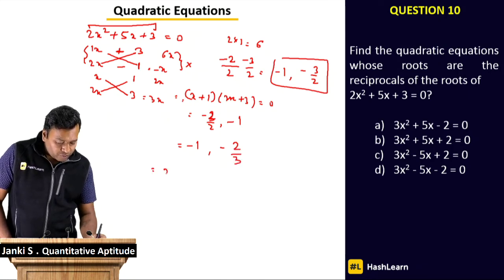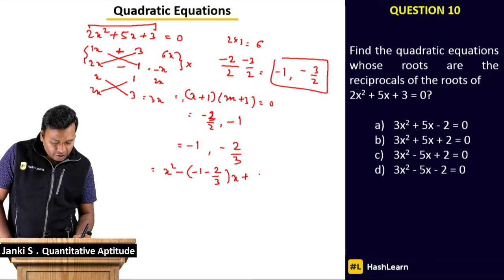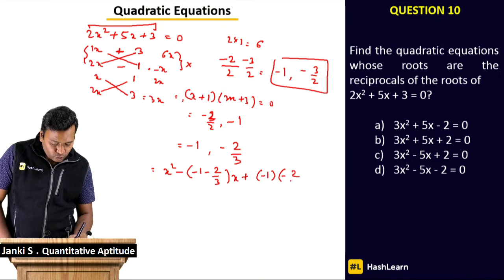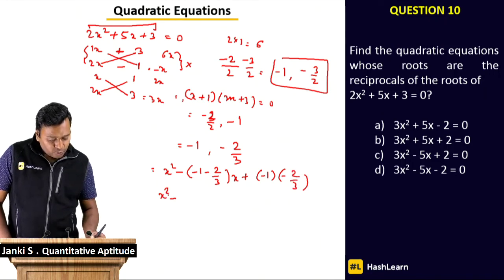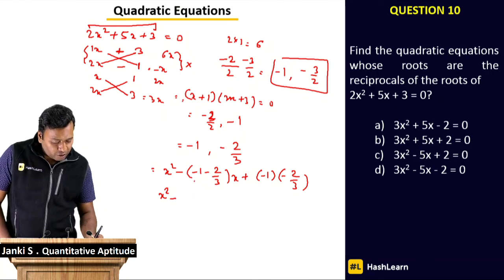So summation of the roots is nothing but x square minus summation of these two values, (-1 - 2/3) into x, plus product is nothing but (-1) into (-2/3) here, right? So that's nothing but x square. Let's work on this. Now this will be a positive sign now, because I'll take the negative sign outside.